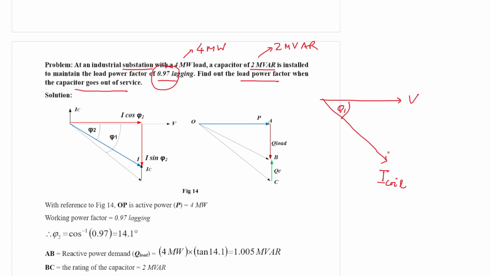Now the components are drawn like this. One component is this component, let us say OA, and another component is this component. Let me use some different color.